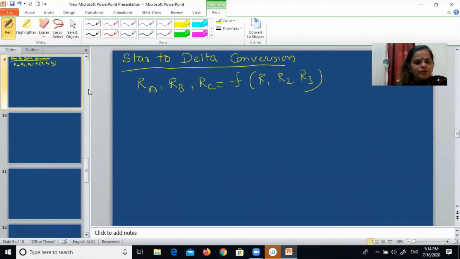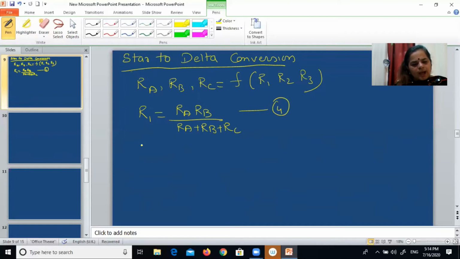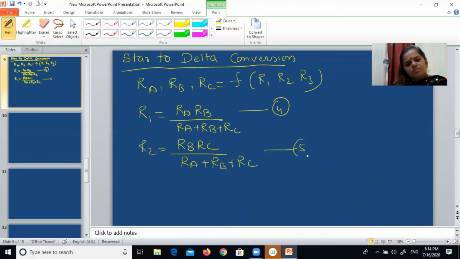For that we know the equations: R1 is equal to RA RB upon RA plus RB plus RC, this was my equation number 4. Equation number 5 was R2 equals RB RC upon RA plus RB plus RC. And R3 equals RA RC upon RA plus RB plus RC, equation number 6.